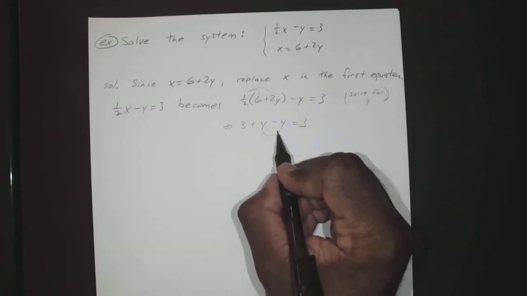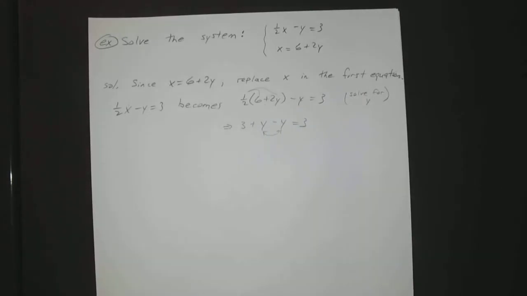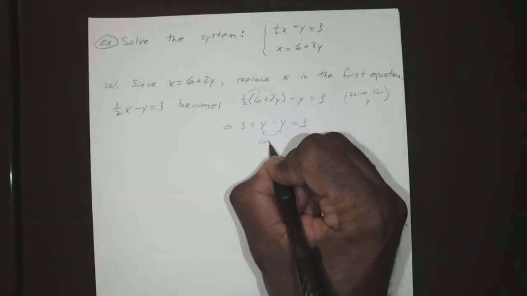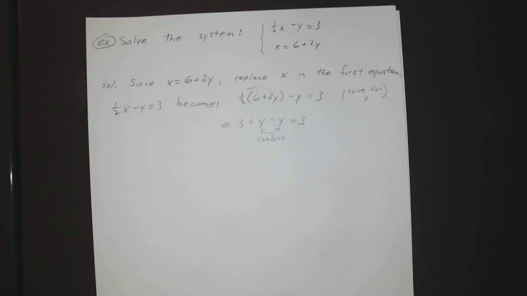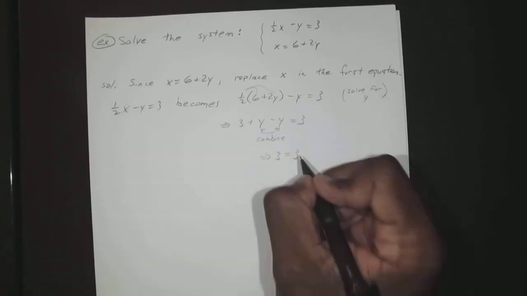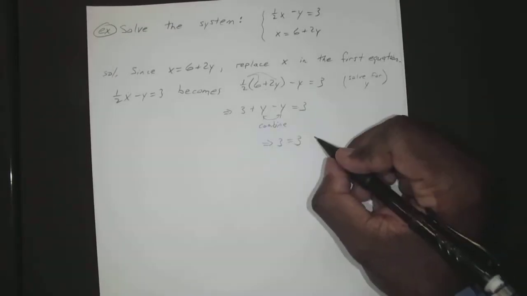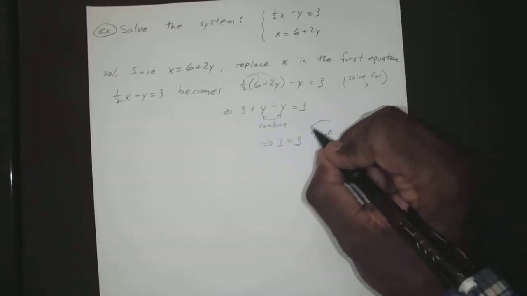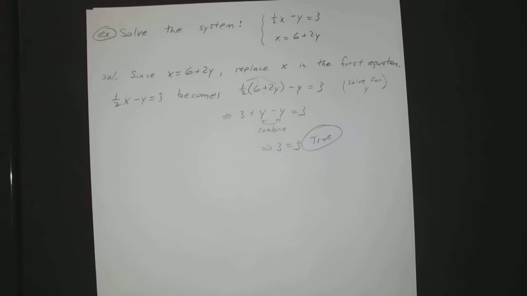Now this is where you can find out which one you have. You combine these two, y minus y is just 0. So you end up with 3 equals 3, which in this case is true. Whenever all of your variables disappear and you're left with a true statement, then you know you have an infinite number of solutions. So that's when you know it's dependent.